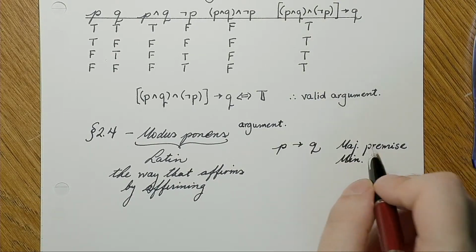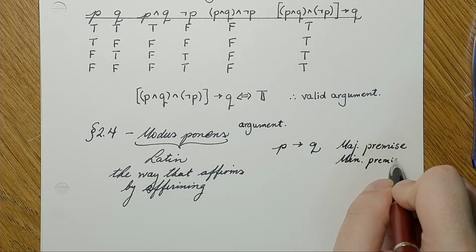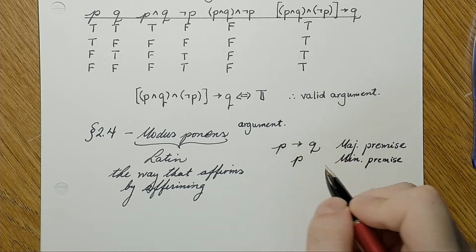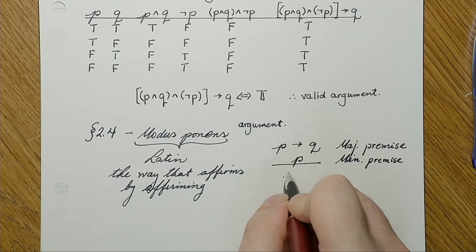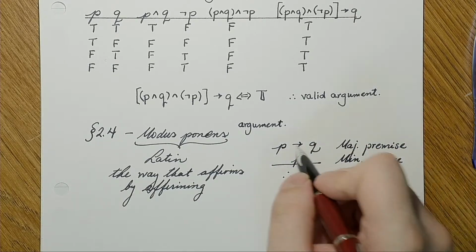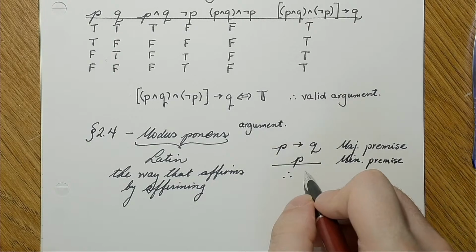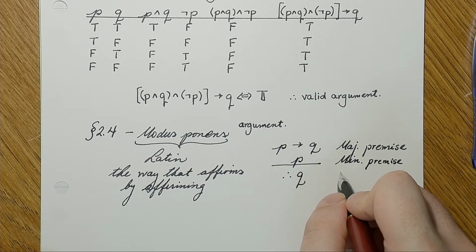P implies Q. The minor premise, to be a little bit more specific, by affirming, says we get definitely P. So if you're told that there's a cause and effect, you have a cause, therefore Q. That's your effect. Conclusion.